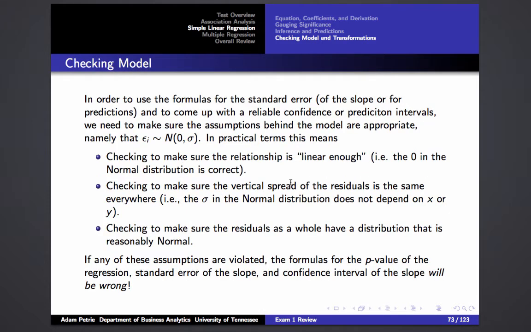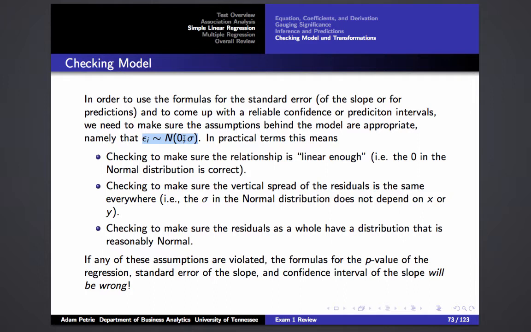All right, so one key thing in regression modeling is checking the assumptions. All of the formulas for the standard error, the confidence intervals, and the prediction intervals hinge on the assumption that the regression model is an accurate reflection of reality. In other words, we have a linear relationship between the average value of y and x, and individual values of y differ from the average by a random normal amount.